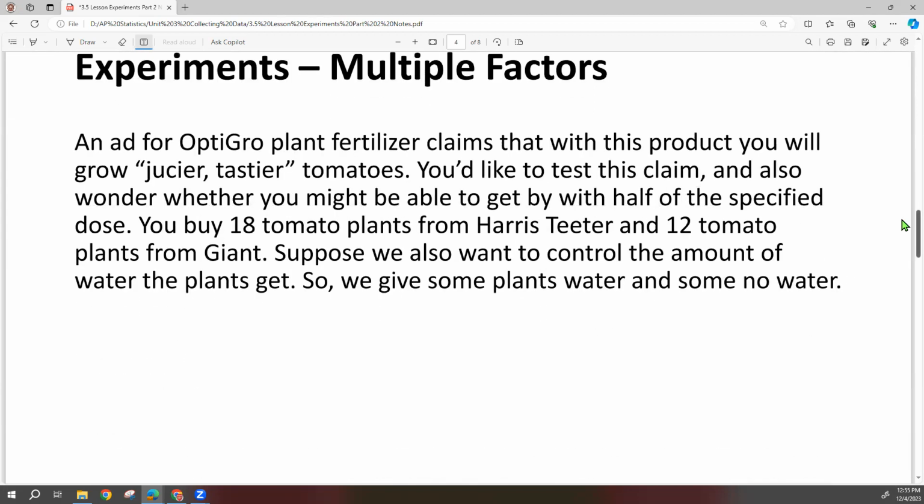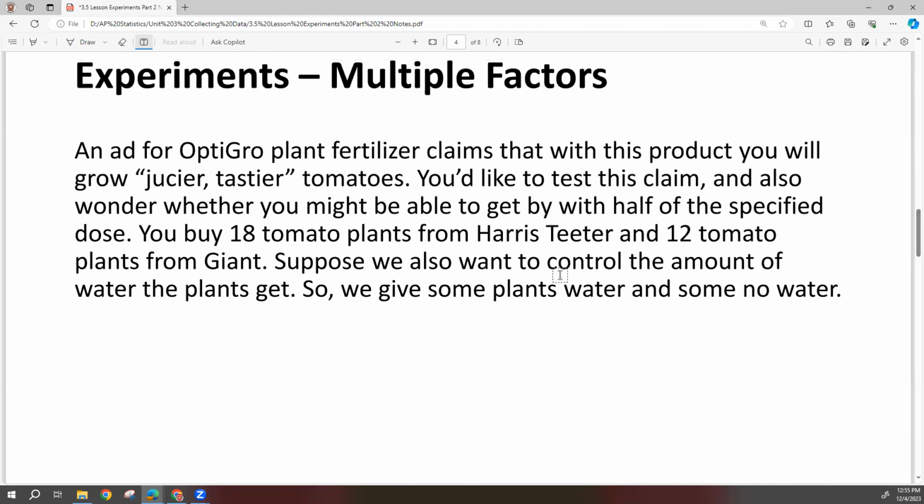We did discuss multiple factors a little bit last time. I do believe we had some experiments that required multiple factors, but let's have a chat about it again. Here we have, again, our tomatoes, but now we are concerned with the water.